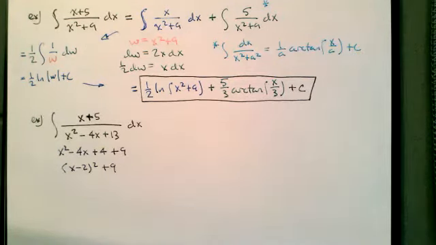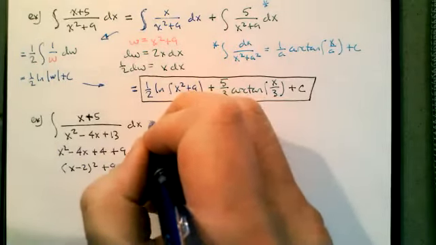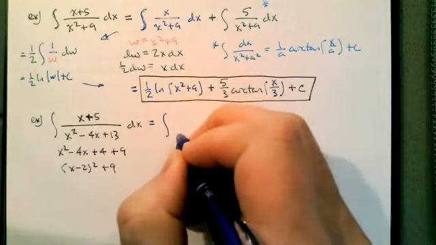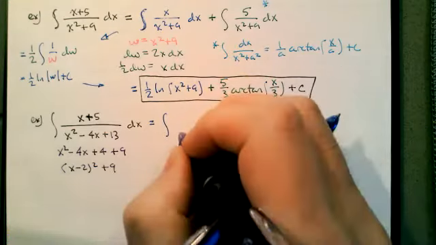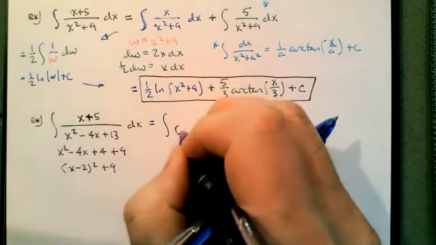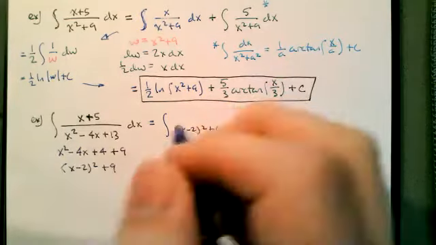I'm going to break this into two terms like I did before. I'm going to have a term that's going to give me natural logs with a denominator, and the denominator is going to be an x minus 2 squared plus 9.